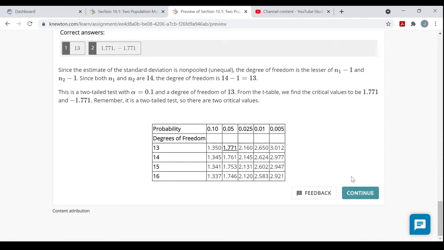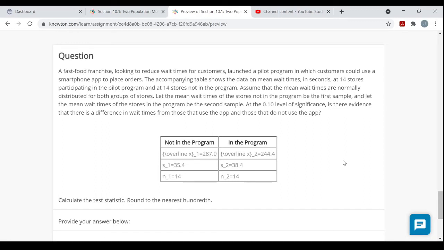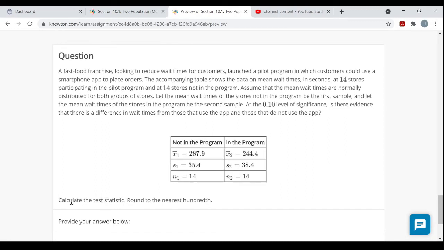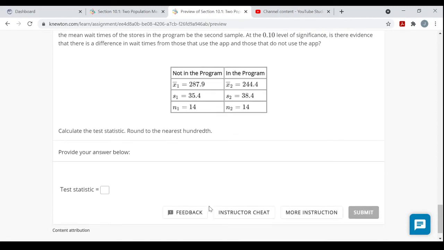All right, so now I believe they're going to have us calculate the test statistic. Yes. Calculate the test statistic, and round to the nearest hundredth, which is 2 decimal places. So back to my paper.